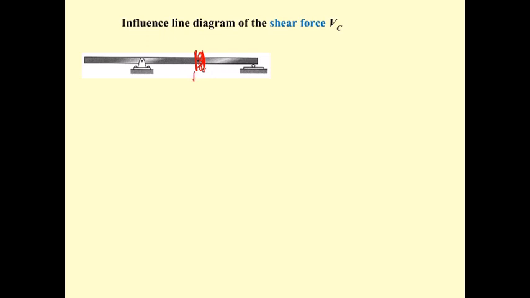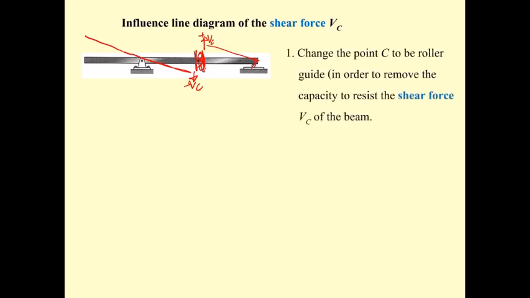Then we apply the V sub C, all of them positive V sub C. When you move this, this is going to be the rotating point. You're going to have the shape like this, and this one also has the shape like this. Since it has the free end, it's going to extend like this. This is going to be the influence line diagram of V sub C.